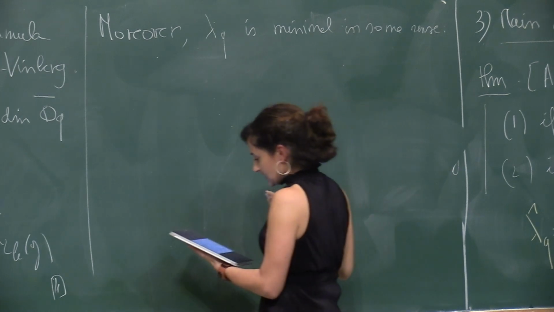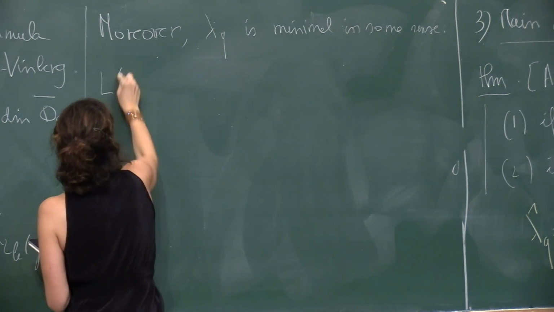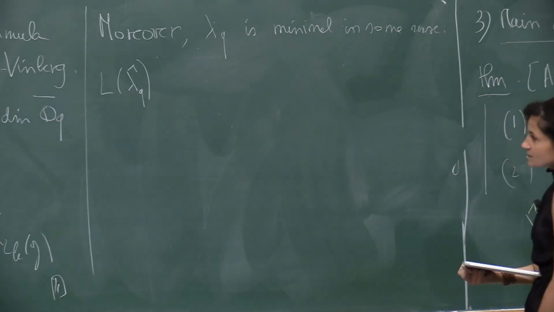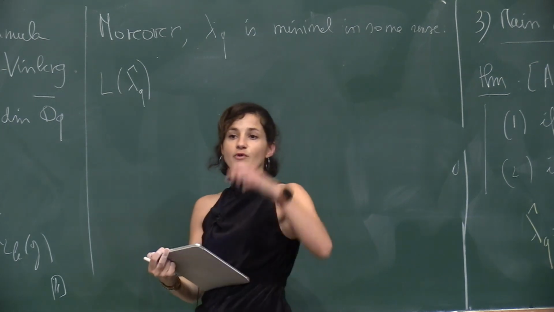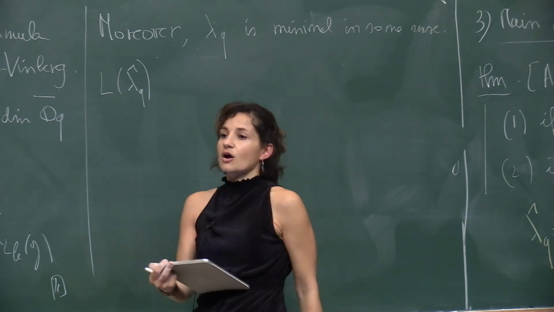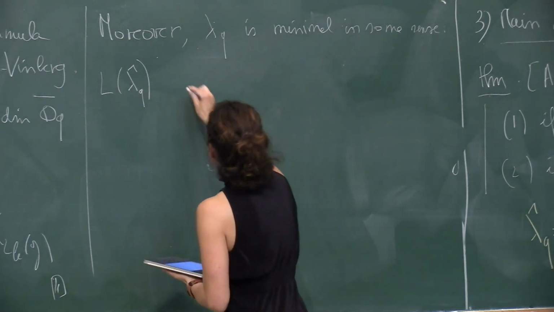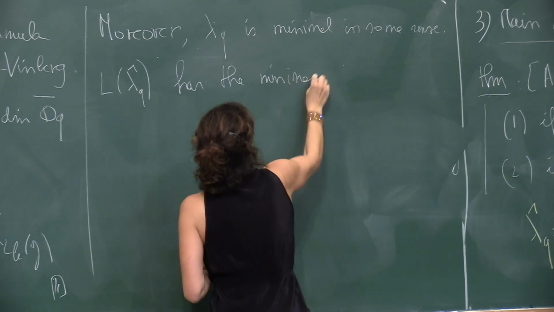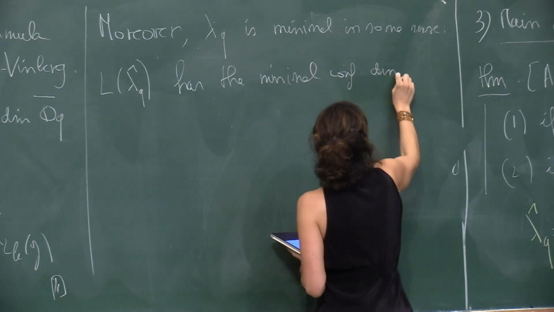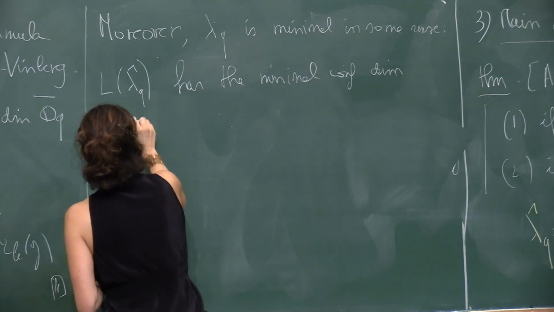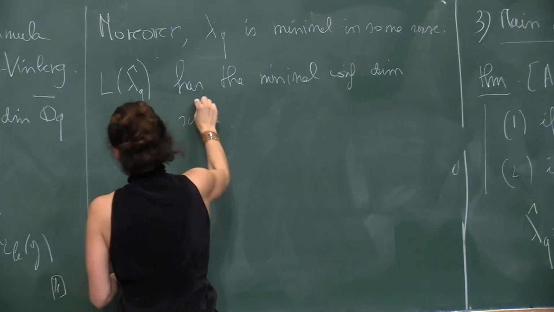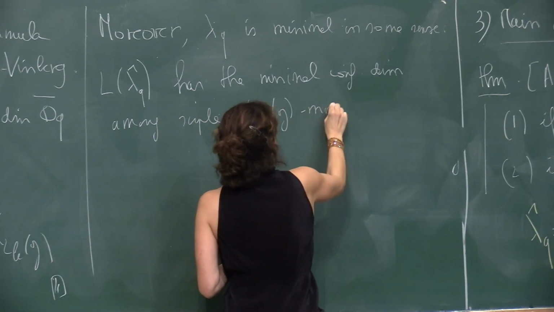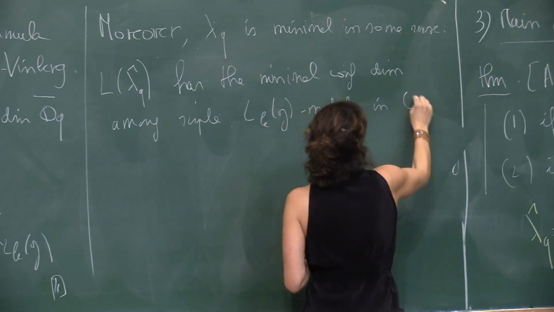So here the meaning is this: this highest weight irreducible representation of g-hat has a minimal conformal dimension among simple L_K(g) modules in the category O.